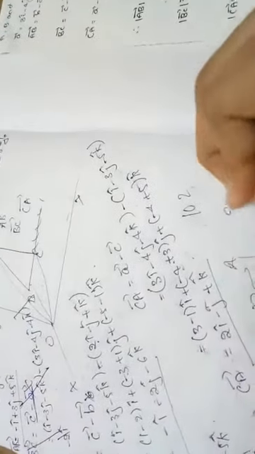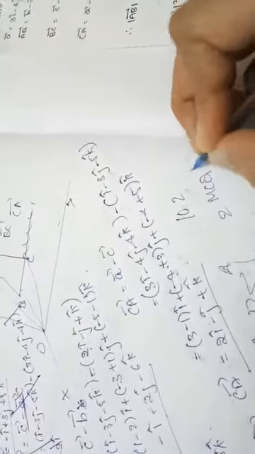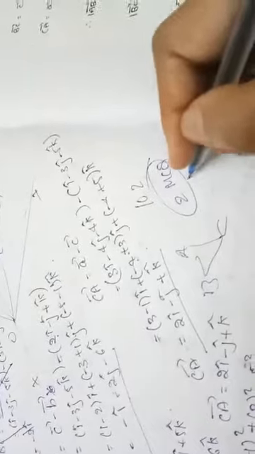So these are the hints as well as the solutions of exercise 10.2, and it is left with, I think, 2 MCQ questions. I left those 2 MCQ questions for you to solve by yourself. If you have any doubts, you can ask regarding the MCQ questions, but I have solved all these questions, which you need to understand carefully.